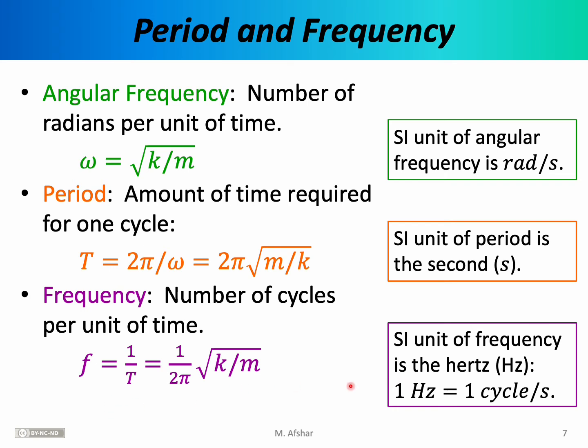The SI unit of frequency is cycles per second, and we often refer to a cycle per second as 1 Hertz, named in honor of German physicist Heinrich Hertz. So when we say that the frequency of an oscillation is 10 Hertz, what we're saying is that that mass spring system can complete 10 cycles in 1 second.